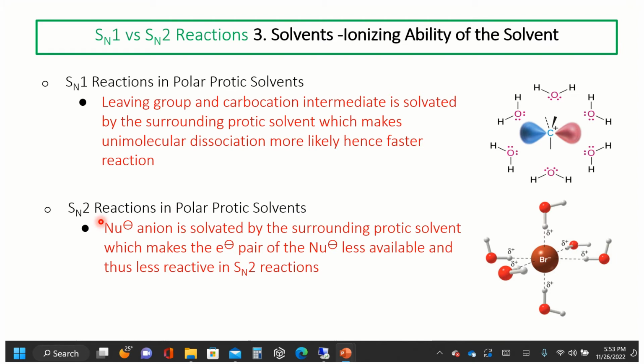On the other hand, in SN2 reactions, we need a nucleophile. If we solvate our nucleophile, surrounded by protons, then the attack of our nucleophile will be diminished. This will make it very inefficient. Or you could think of it as a bromide leaving group surrounded by very stabilized species.